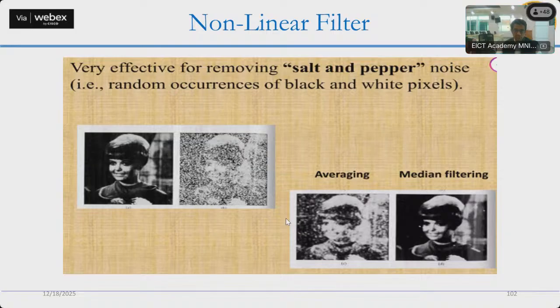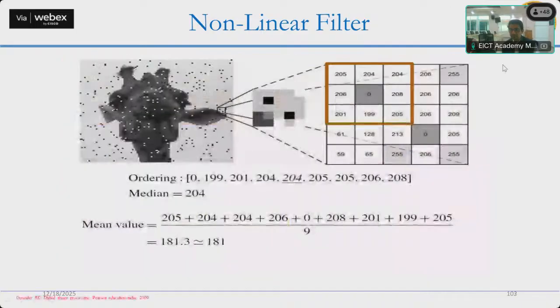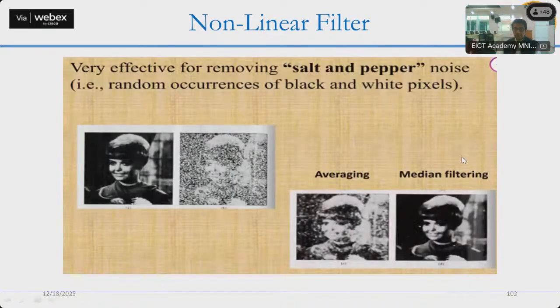So what do we do here? See, another non-linear filter is basically used to remove salt and pepper noise, right? What is salt and pepper noise? Salt is white and pepper is black.